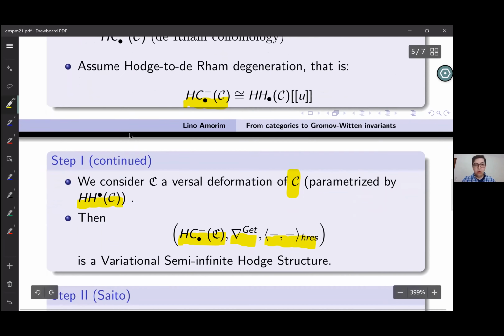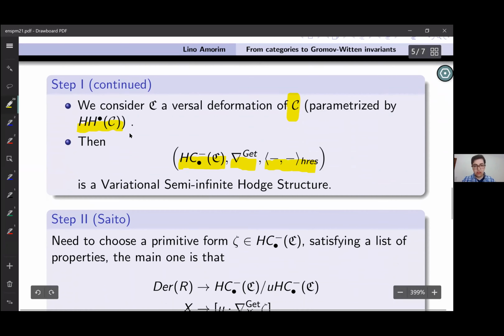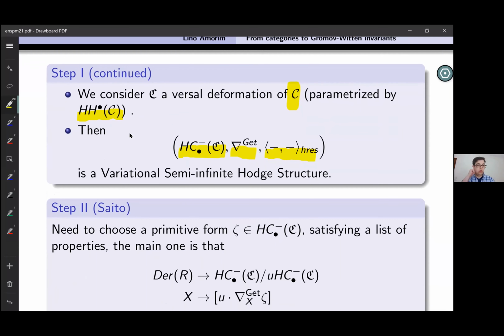Okay, so once we have this, what do we want to do? What we need, and this is the idea due to Saito, although I didn't do it in this context, is a primitive form.